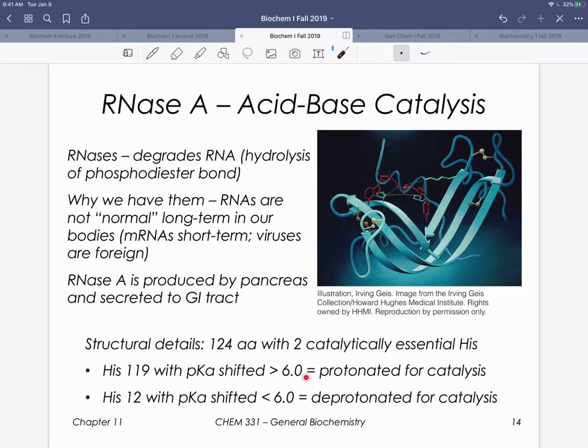So another important skill is to be able to think about how a certain environment would shift a pKa. Okay, so we have some specific examples here with histidines and RNase A. We're going to see a glutamic acid residue with lysozyme, but just be able to think about this generally. How would this type of an environment shift a pKa value, up or down?